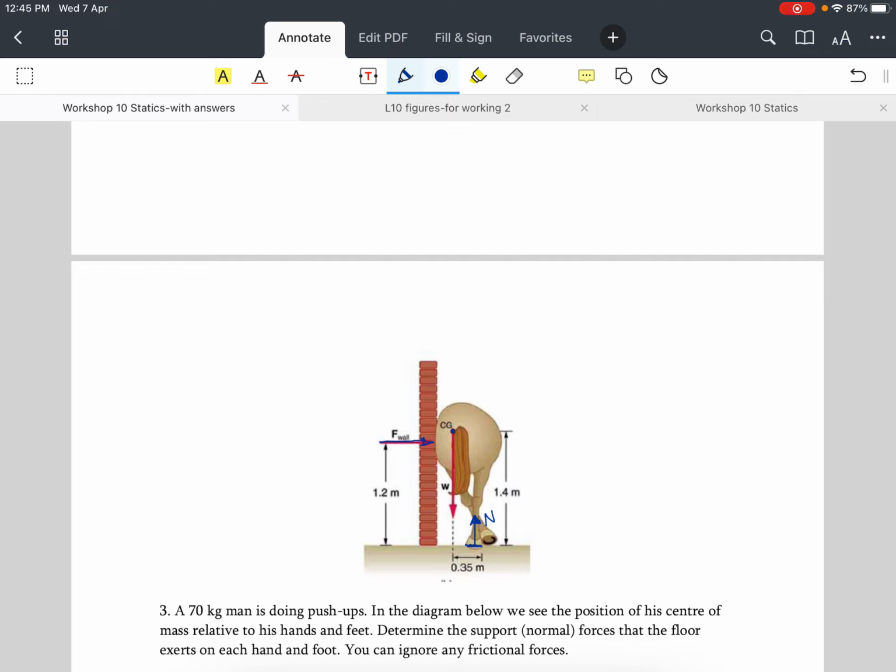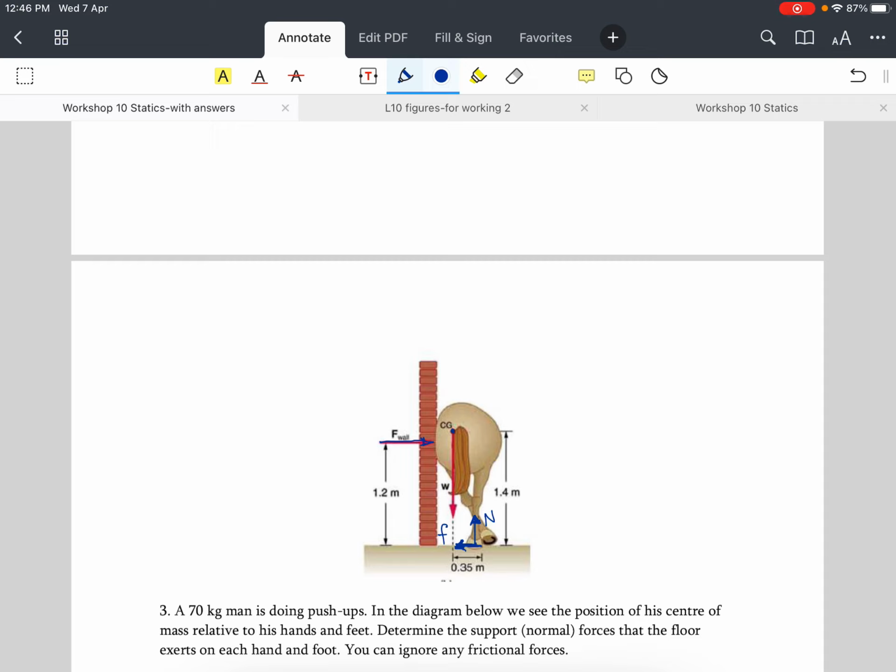Now, which direction will the static friction be? Notice that by the way the horse is leaning towards the left, if the horse were to slip, the horse will slip towards the right, and therefore there should be a static friction force that's pointing to the left. So those are the two other forces that are acting on the horse.